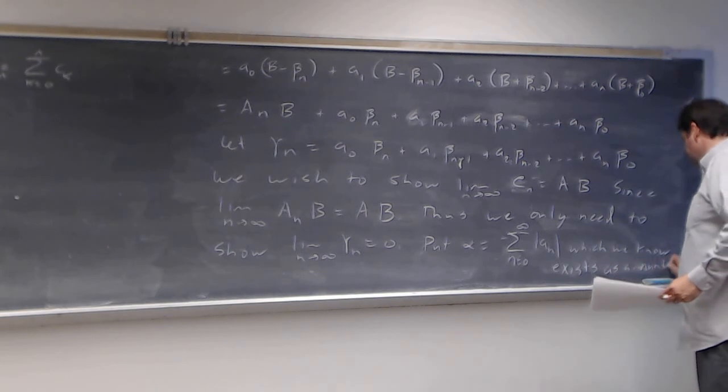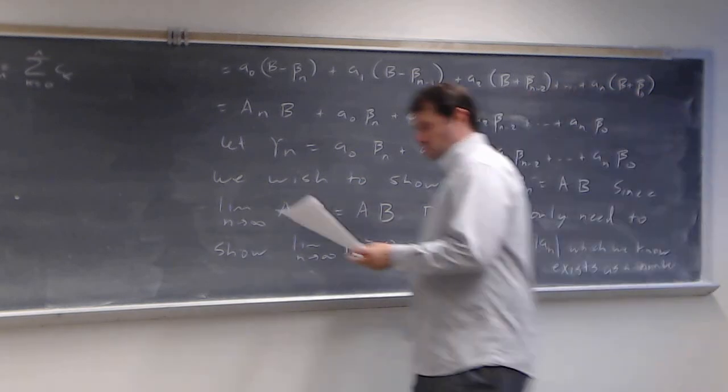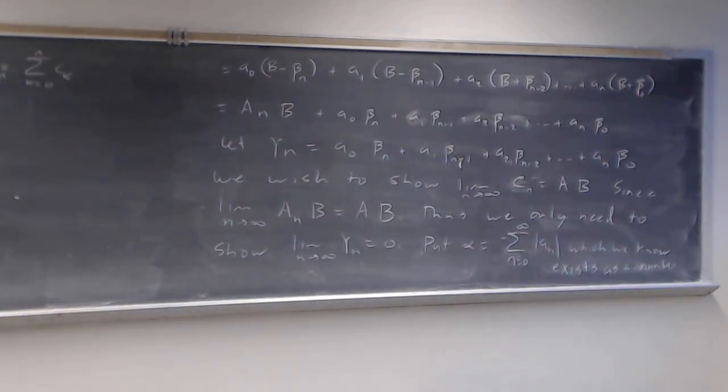How do I know that this exists as a number? Well, we're assuming that the sum of the a sub n's was absolutely convergent. So that's why we have this.